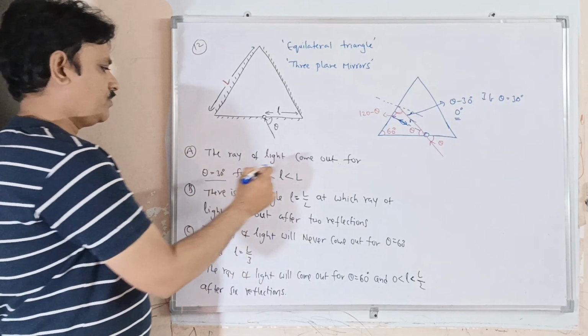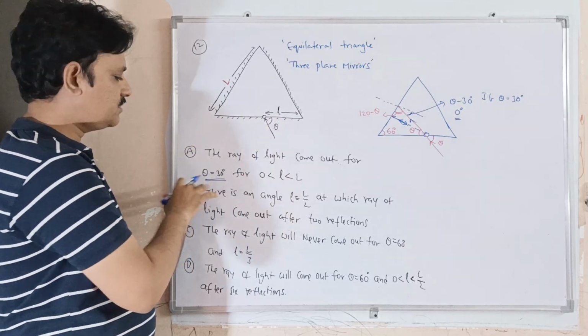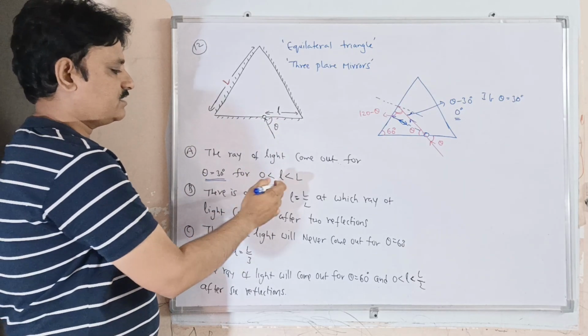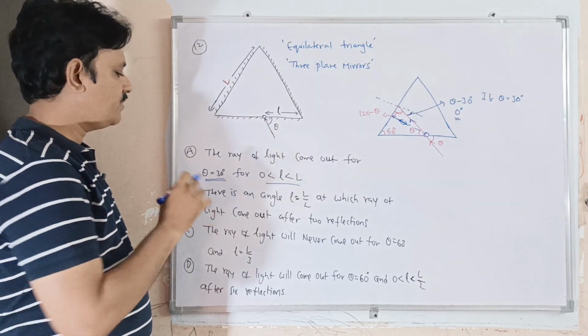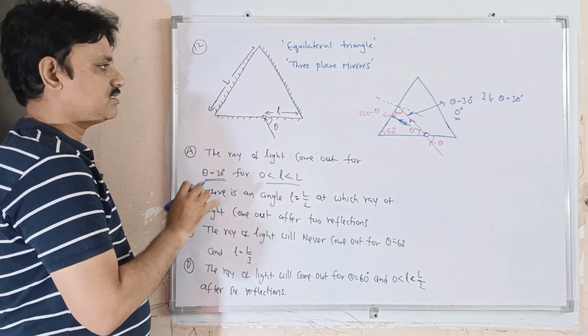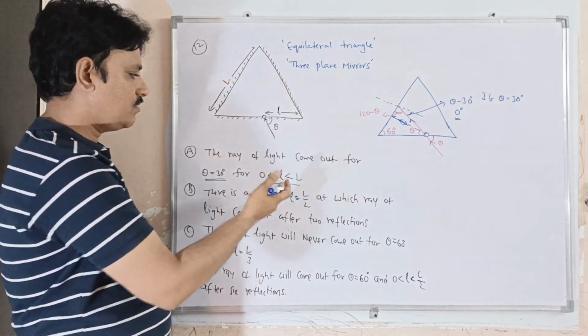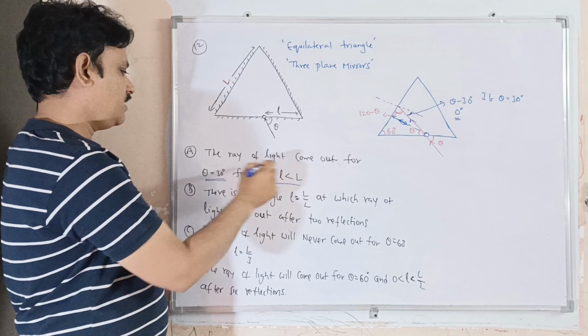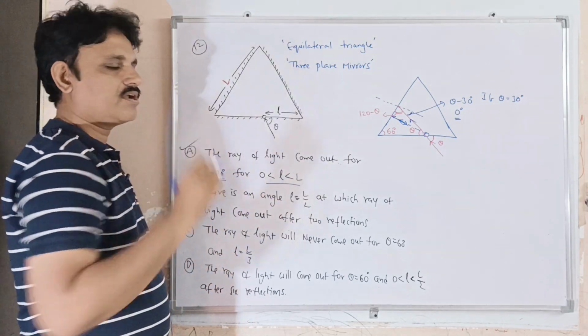So if the incident angle with the mirror is 30 degrees, for 0 less than l less than L, then the light ray will come out through the same path. What is given here? The light ray comes out for theta equal to 30. So this is the right option.